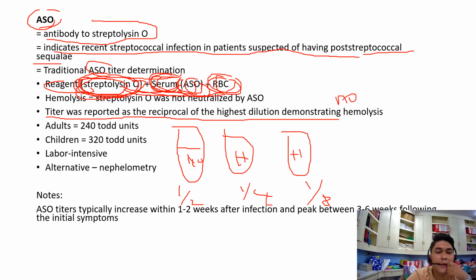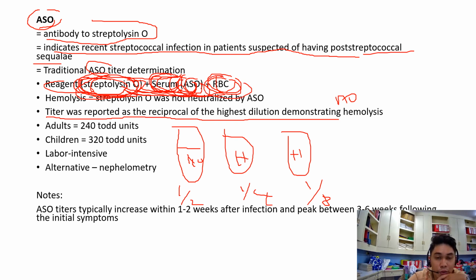Okay. So in tube number 1, you have no hemolysis because ASO is present and ASO neutralized streptolysin O. Then since streptolysin O was neutralized, streptolysin O will not be able to cause RBC hemolysis.